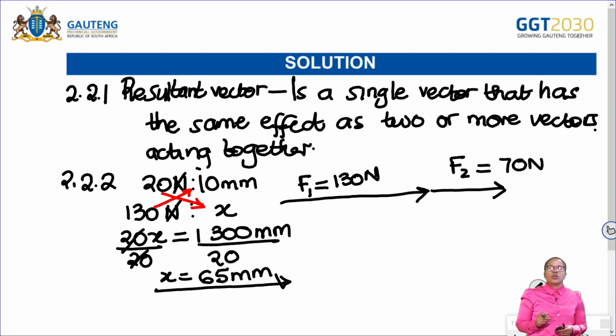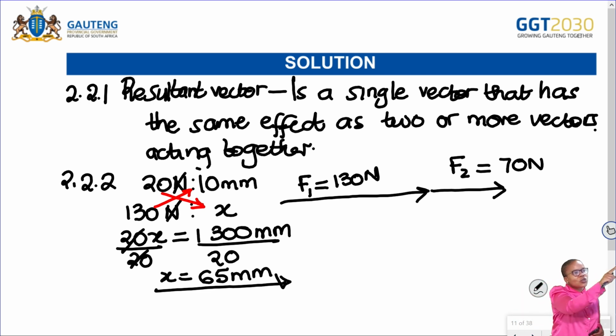So you may be asking yourself, then why, ma'am, did you do all these calculations? Because your F1 was in magnitude 130, but you have reduced it to not draw 130, but draw what? 65 millimeters. However, when you are doing your labeling, your F1 originally was what? Your 130.